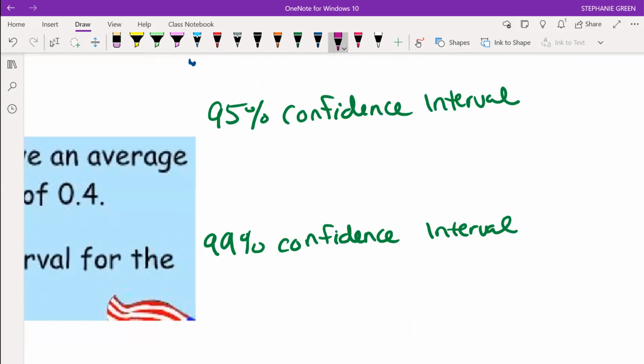Our population mean is 2.75 plus or minus the z star for a 95% confidence interval, or alpha 0.05, which is 1.96. The standard deviation of the population is 0.4. The sample here is 40 students.